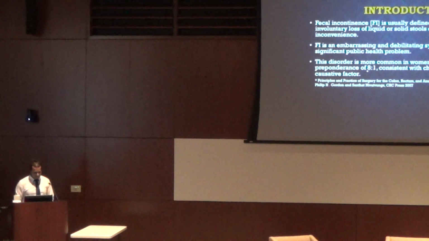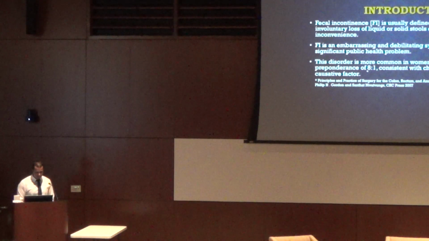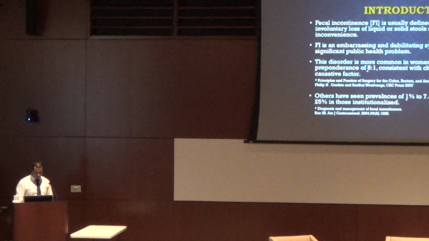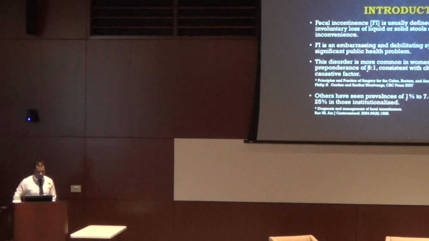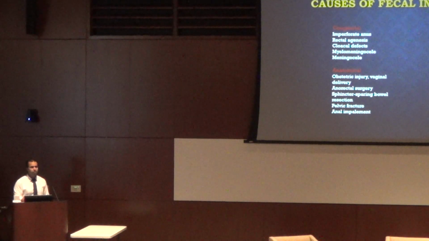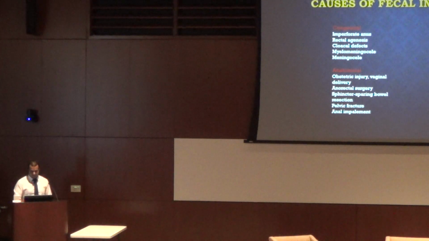Different studies have shown different prevalences, like 8 to 1 between men and women, or another one by Rowe, a prevalence of 1% to 7% in healthy people, up to 25% in institutionalized. As for the etiology, it could be congenital, anatomical, neurological, and functional. But today the topic will be mainly focused on functional testing.